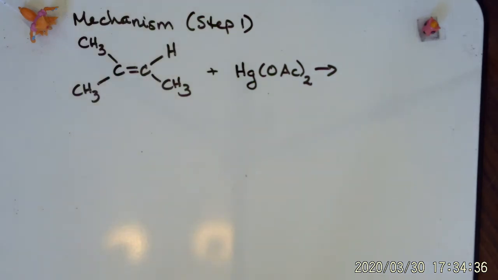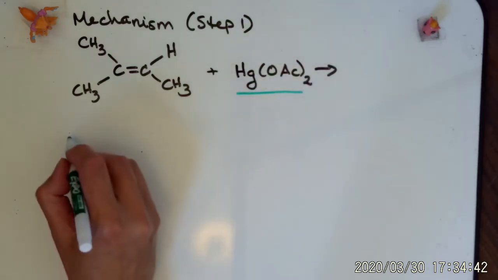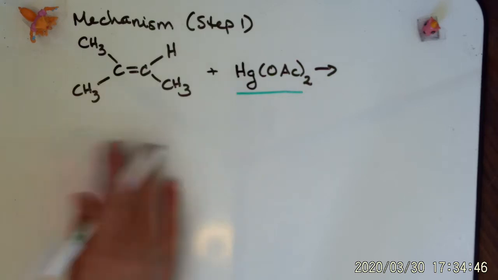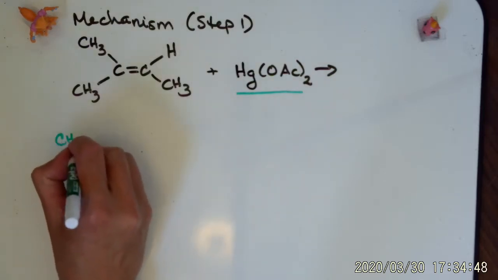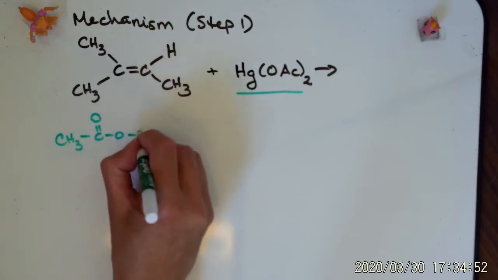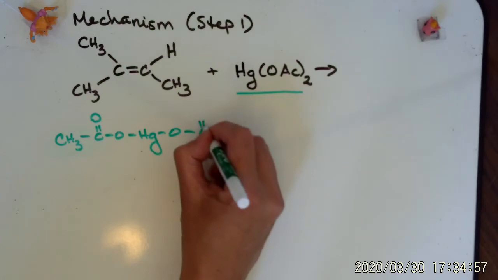Before we start drawing my arrows, let me just tell you that this actually is an equilibrium. Here is my mercuric acetate, so that's a mercury 2.